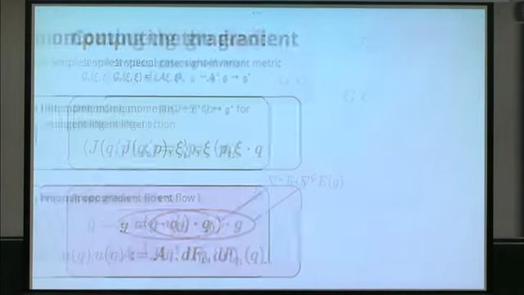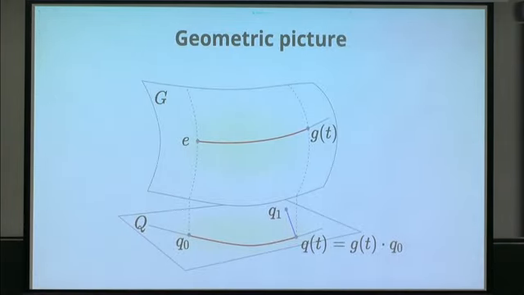And to understand this better, maybe we need some geometric intuition for what's going on here. So what is going on? Well, we have this manifold which has a group structure. It's our Lie group. Somewhere on this manifold we have the identity element.